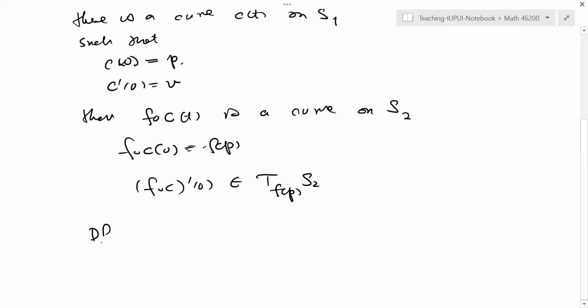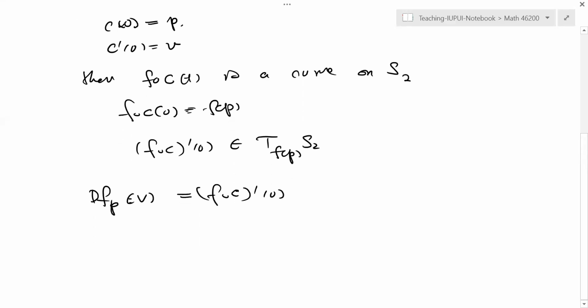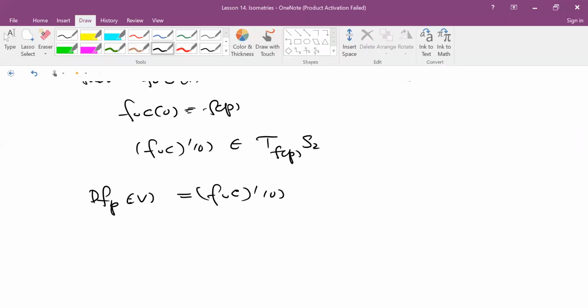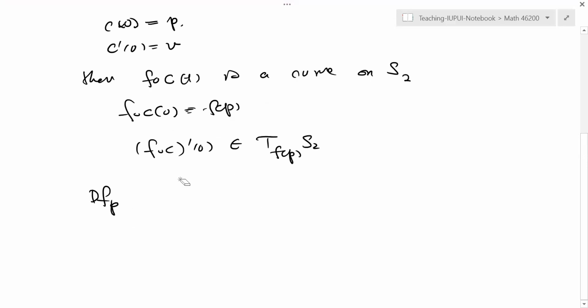This sends v to F circle C. In other words, I can also write this using C prime of t: it is F circle C prime of t. That's the definition, and you can also say it's independent of the choice of particular curve with the same direction.